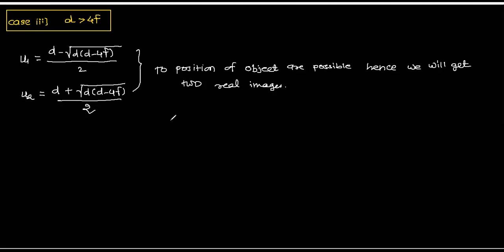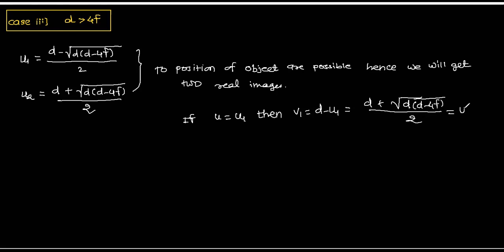And if you want to find v in these two cases, that is v1 and v2: if u is equal to u1, then v1 is equal to d minus u1, which is equal to d plus under root of d into (d minus 4f), divided by 2, which is nothing but u2.